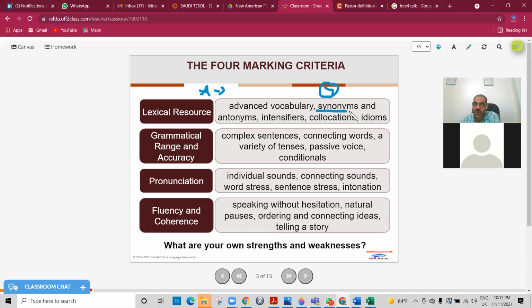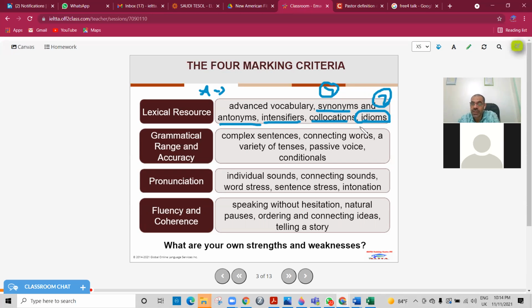Using synonyms and antonyms, using intensifiers, collocations, idioms. Idioms actually is one feature of band 7 and higher. If you don't use idioms in a natural way, expect 6.